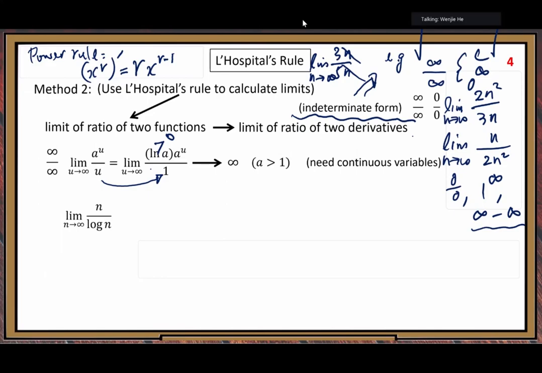The discrete functions do not have derivatives. Derivatives are only available for functions with a continuous variable. Only for a function with a continuous variable can you take derivatives. If your function has discrete variables, it's illegal.